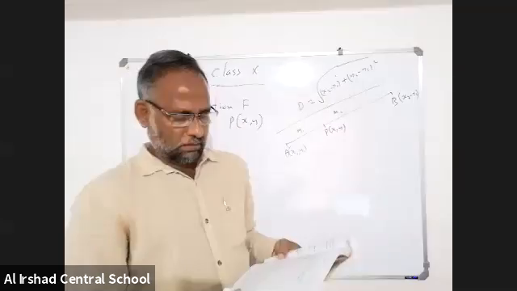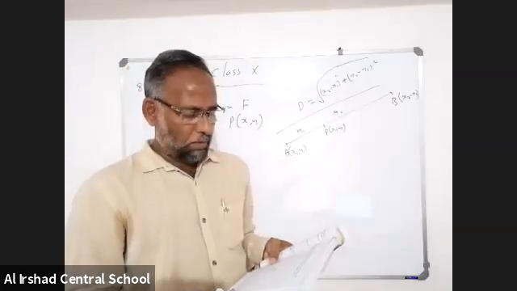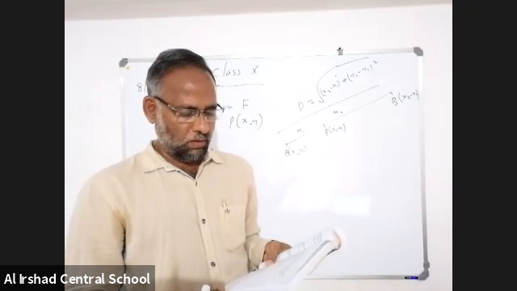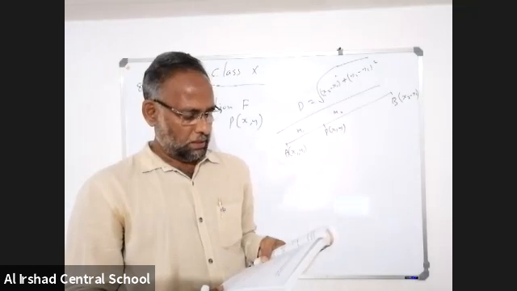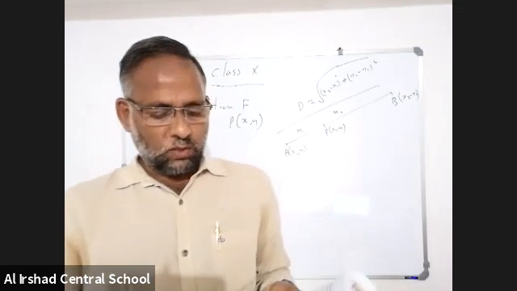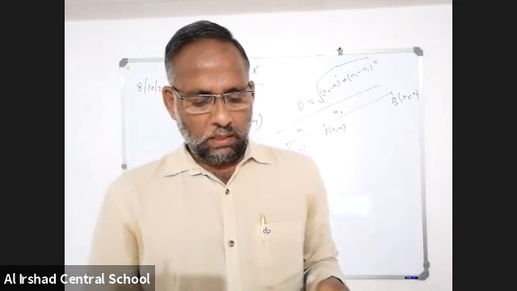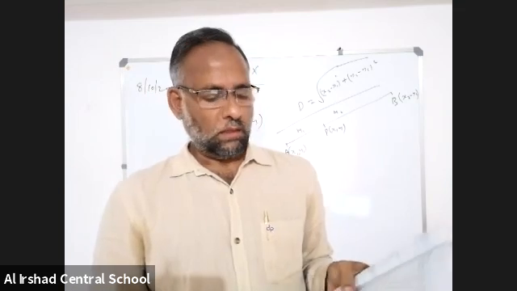Can you see that? The coordinates of the point P(x, y), which divides the line segment joining the points (x1, y1) and (x2, y2) in the ratio m1 is to m2. Can you see that?